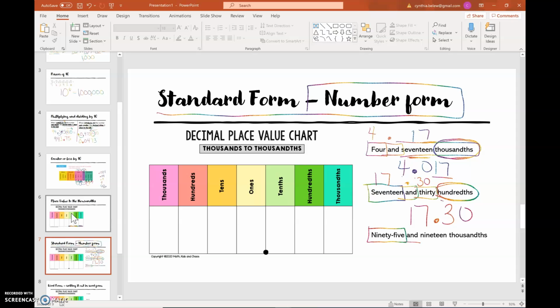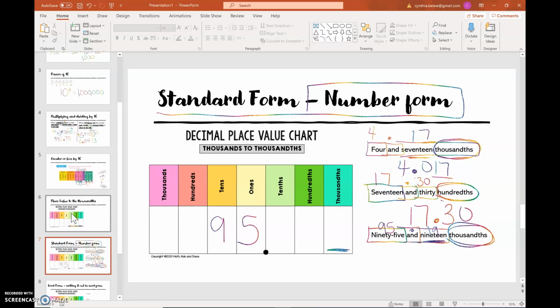95 and 19 thousandths. I'm going to go ahead and underline the thousandths place because the 19, the last digit, has to be in the thousandths place. So again, I could write above it 95 and 19, not 90, 19 thousandths. 95 has 9 tens and 5 ones.